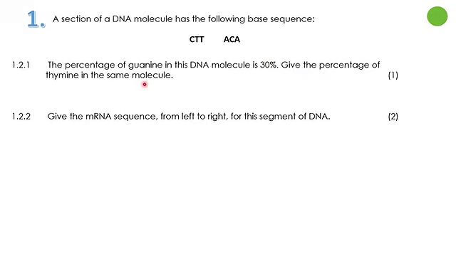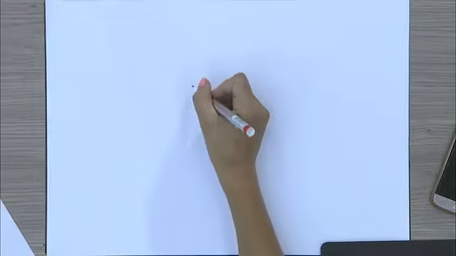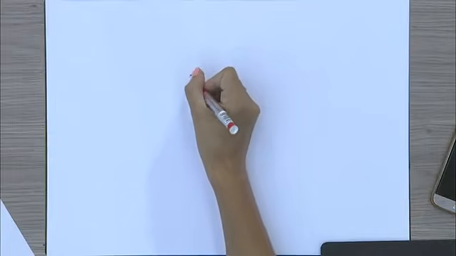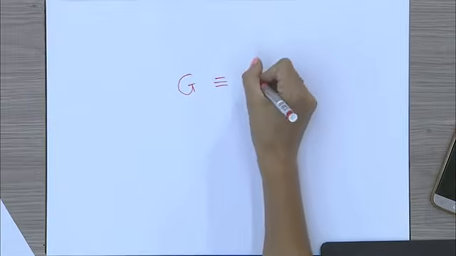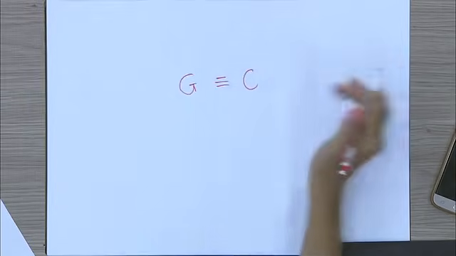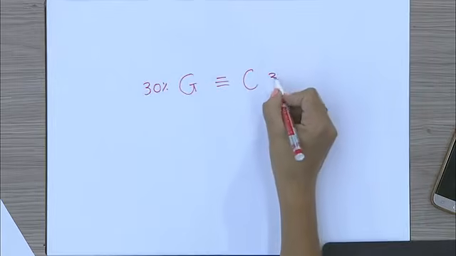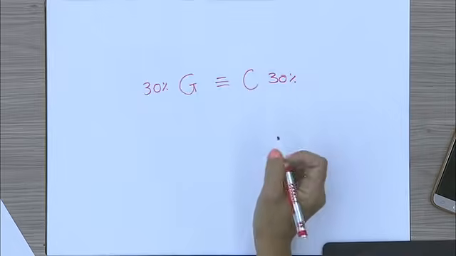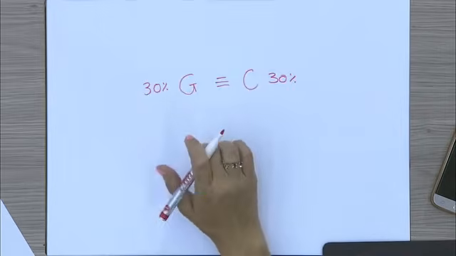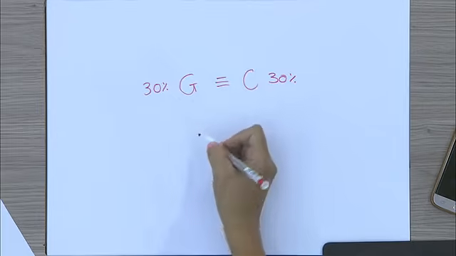I always say to my learners, if they give you a question like this, write it down. This is like a mathematical equation. In this case they've got guanine, and it always binds with cytosine. So if we've got 30% of it being guanine, there will be 30% of the molecule consisting of cytosine. As you will recall, Monica explained earlier that your G's will be equal to your C's.